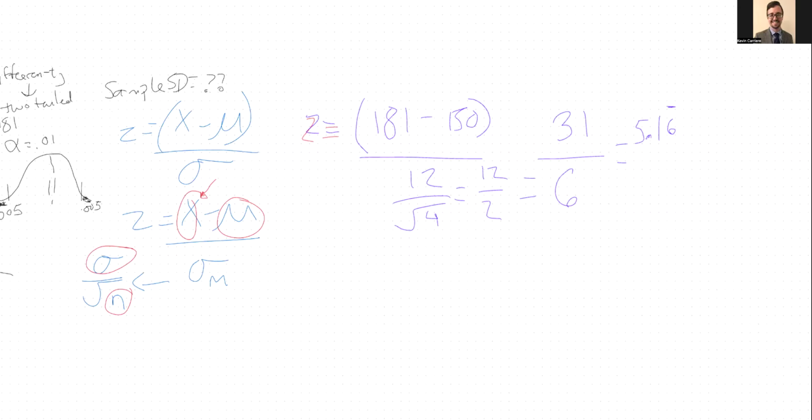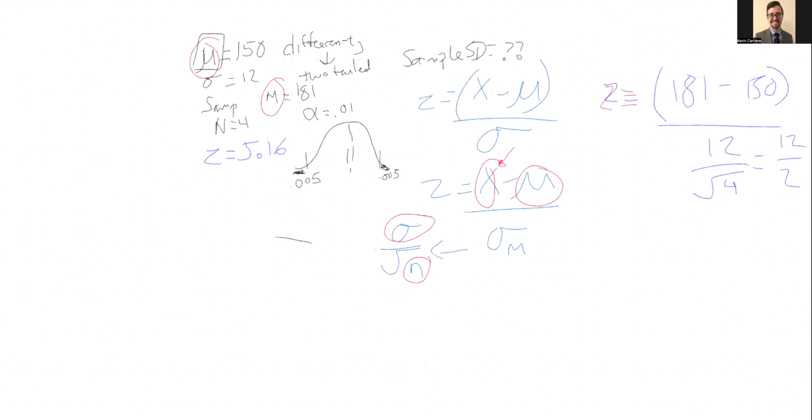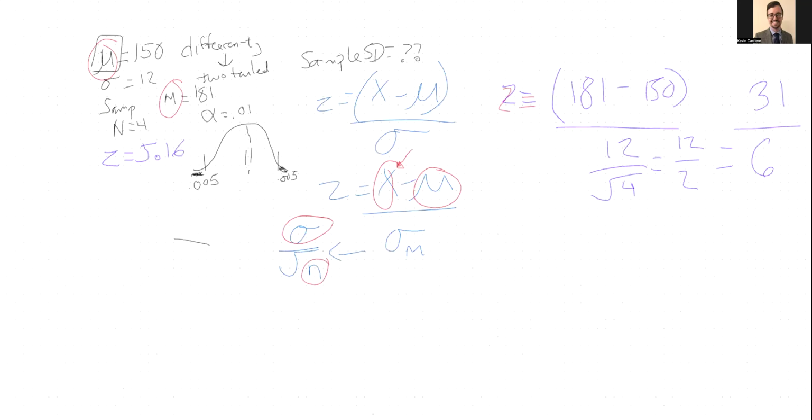What does that mean? What is a z-score of 5.16? Truly, the definition of a z-score: you're 5.16 standard deviations away from the mean.